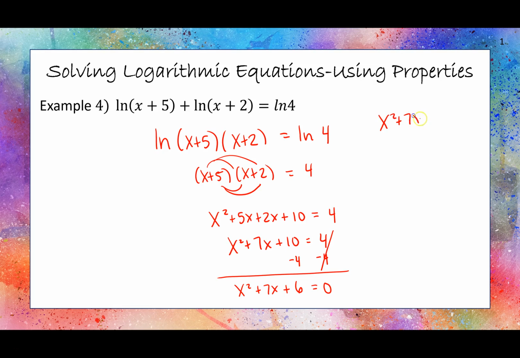And at this point, we can solve this problem either by quadratic formula, we could graph it and find the zeros, or I actually think the easiest way here is going to be to factor. So we're trying to add to 7 and we're trying to multiply to 6. So that's going to be a 6 and a 1.